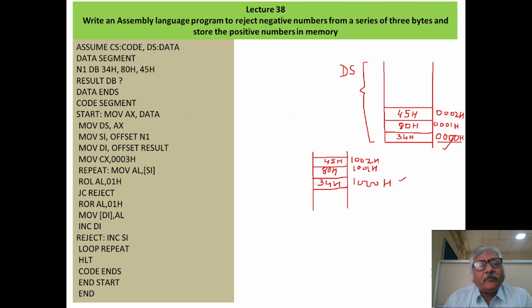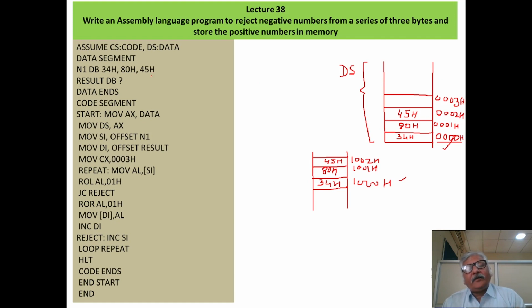Now the next line is result DB question mark. So what it will do is assign the immediately next memory location, offset address 0003H, to the result byte, right?